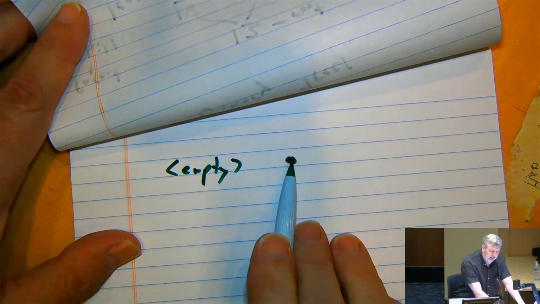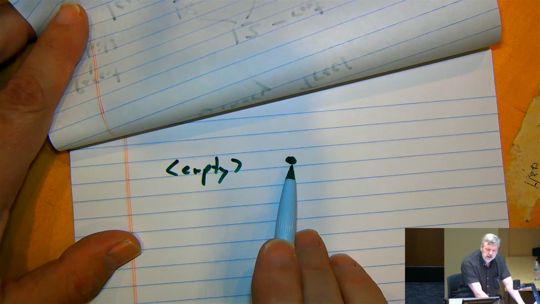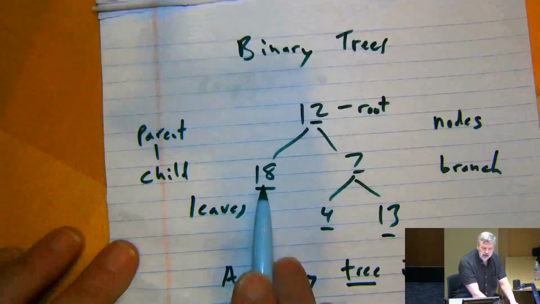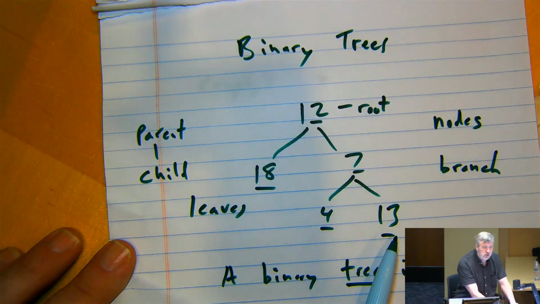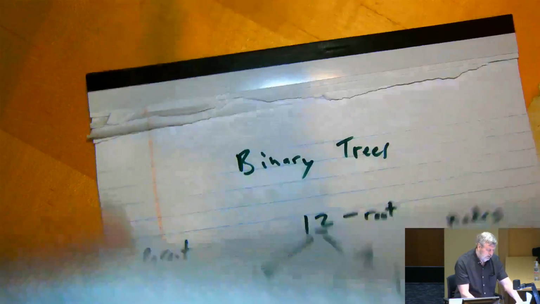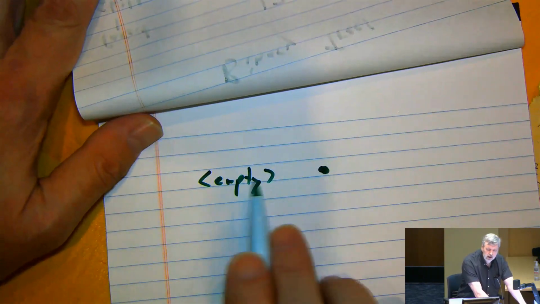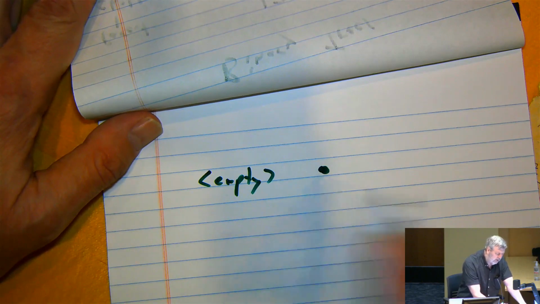If its left-hand subtree is empty and its right-hand subtree is empty, then that would be a leaf node. That would be like these nodes right here. So these nodes I would still consider to be trees. It's just that they're trees that have empty left and right subtrees. So a leaf node is a tree. So an empty tree is a tree. A leaf node is a tree.